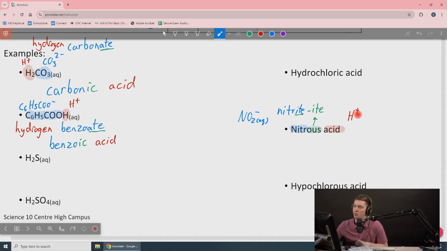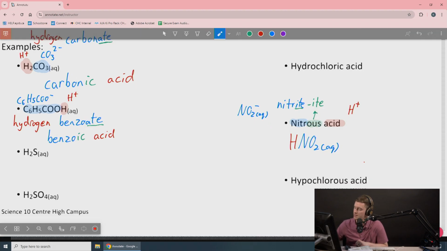Hydrogen ions carry a 1+ charge, so the balanced formula for this acid will be HNO2 aqueous. We need 1 hydrogen for every 1 nitrite. We know it's nitrite because the ite ending gets changed into the us ending for the acid name.